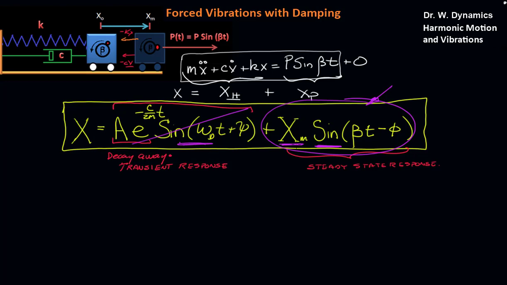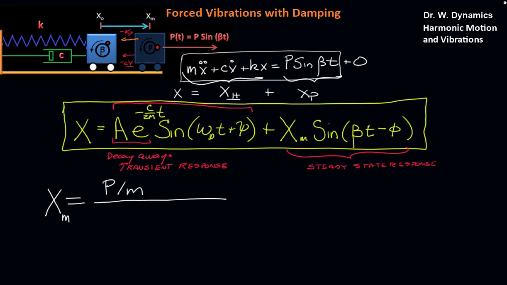Now this value for x has gotten more complicated than when we last saw it, because we now have to include the effects of damping, where x max will now be p on m divided by omega squared minus beta squared, plus 2 omega beta c over c critical squared, to the 1/2 power.